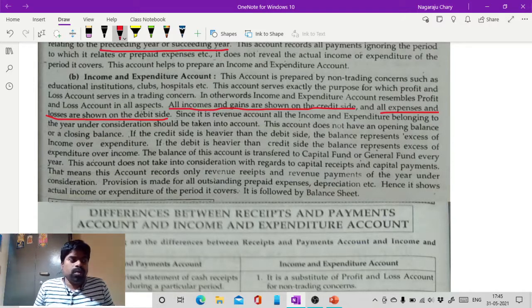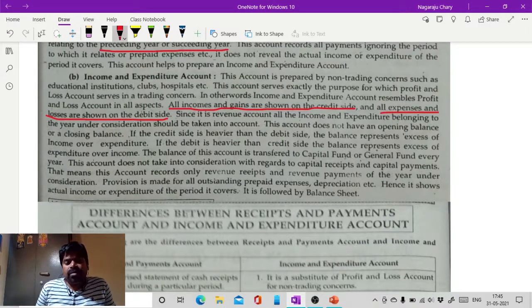And one more thing, time. In the earlier case, that is the receipts and payments account, we discussed that the transaction may belong to the preceding year, current year, or succeeding year. Whatever the year, if the transaction is done, then you have to record it in the receipts and payments account.